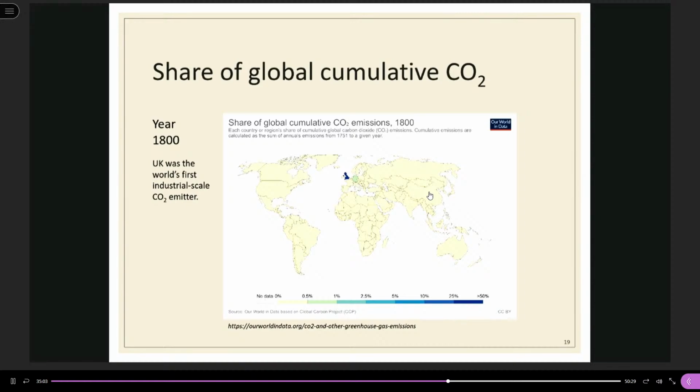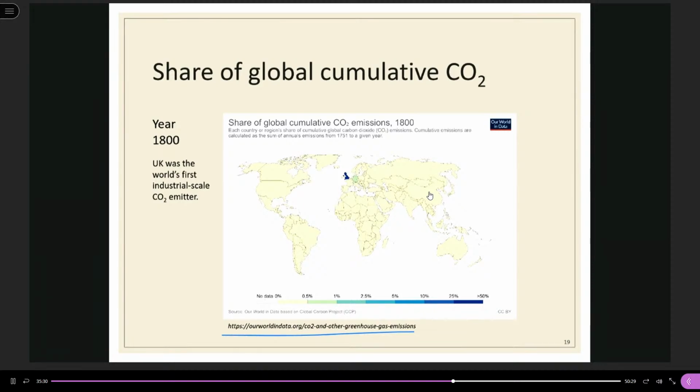Okay, this is an interesting website. You may go to this link to view the change in global cumulative carbon dioxide emission. This figure shows the share, the percentage, of carbon dioxide emission in the whole world.